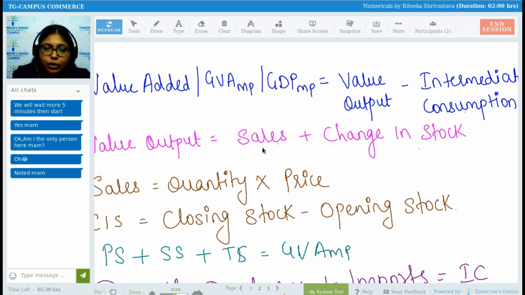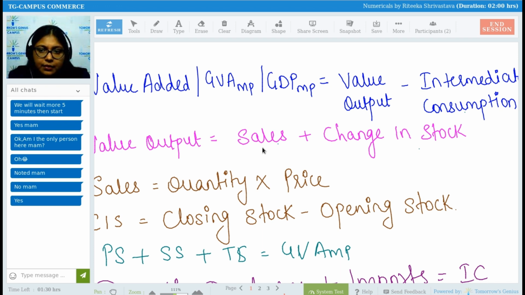Is there any doubt in any of the methods? Okay. So shall we see the sums? First, we can see for value added method. Few questions from value added method. Then we can go to the next part.